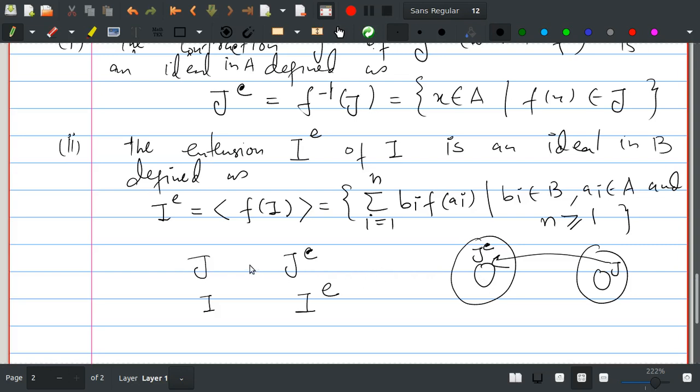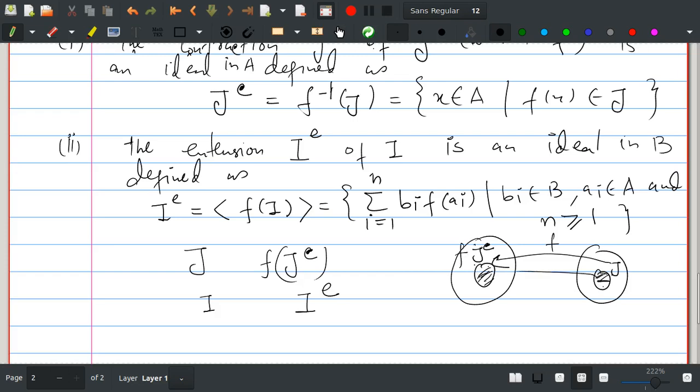Now if we look at the image of J contracted, if f is not surjective, then there is some part of J which does not have a pre-image.